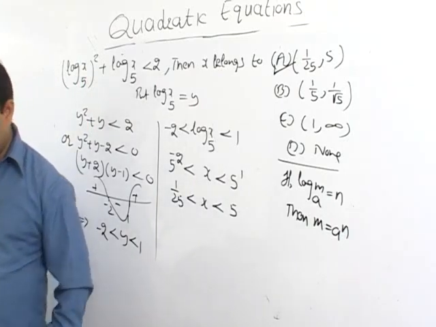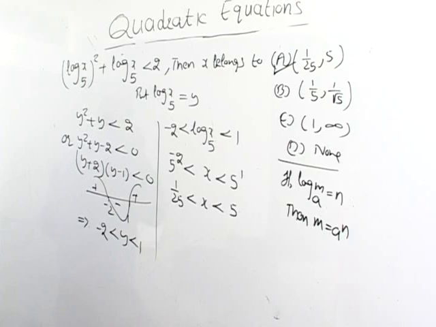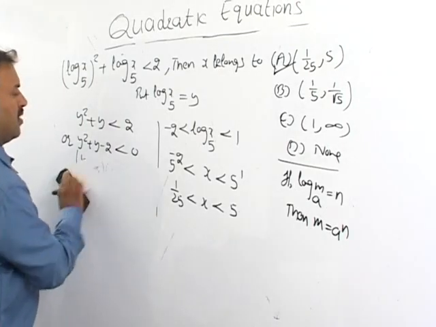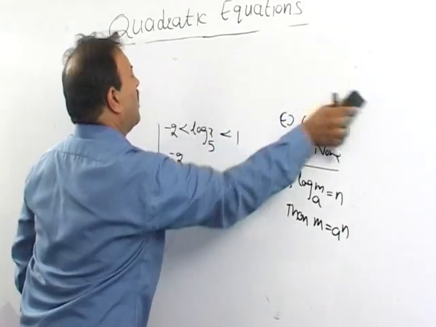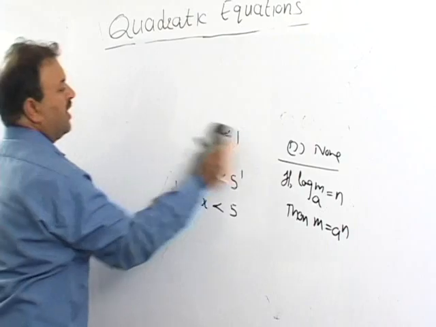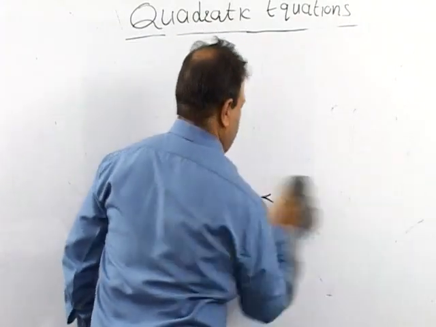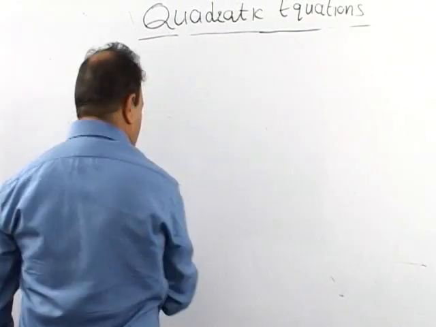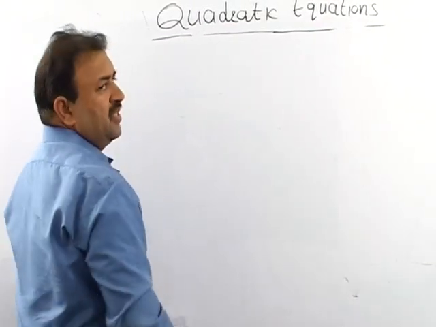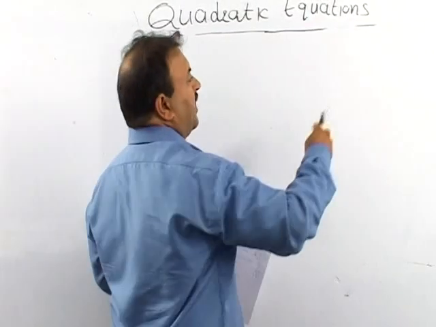Next problem. Since we have already done the properties of roots of a quadratic equation, I am just repeating it.